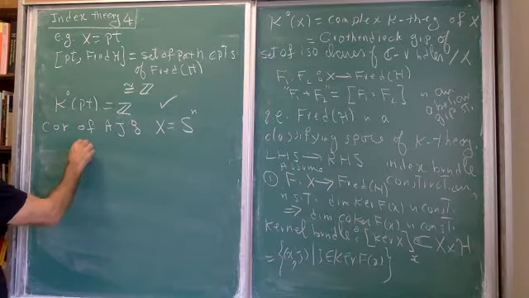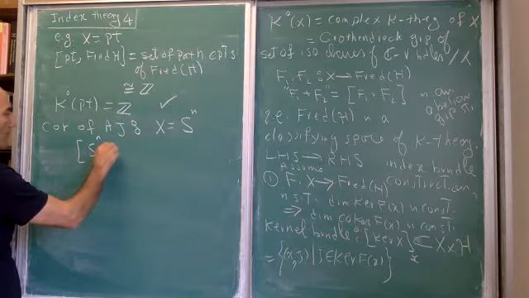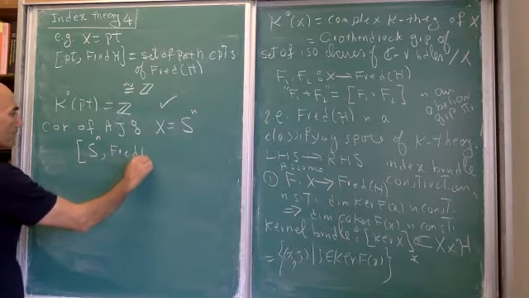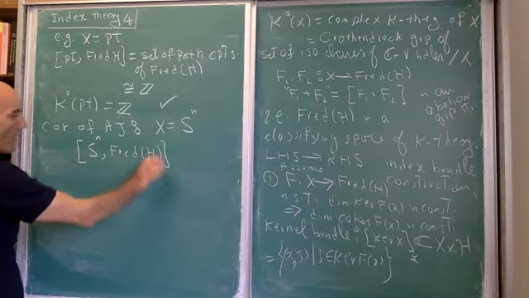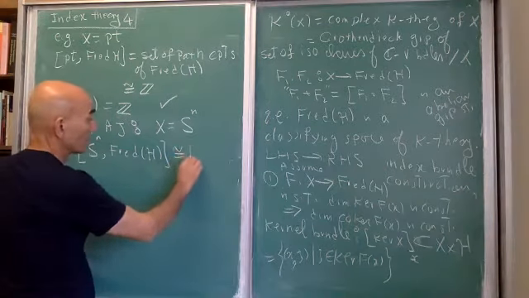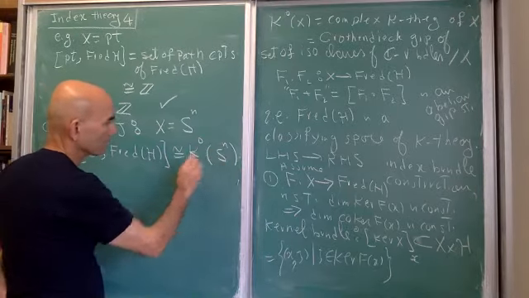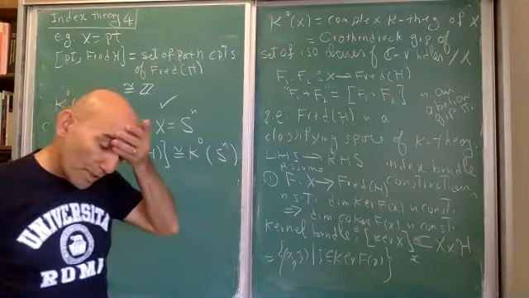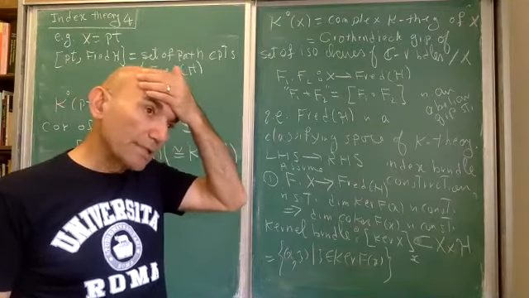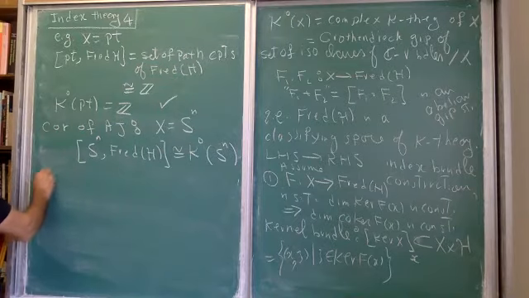Then what we know is that the homotopy classes of maps from S^n into Fred, the statement says, is isomorphic to K theory of S^n. Now, K theory of S^n is not easy to calculate, but it's done by Bott periodicity.